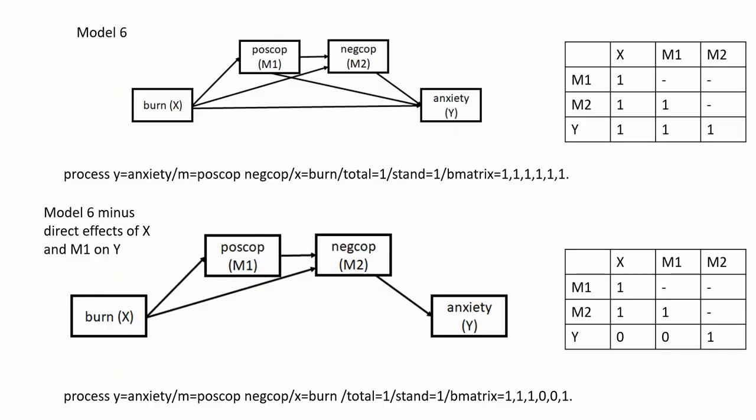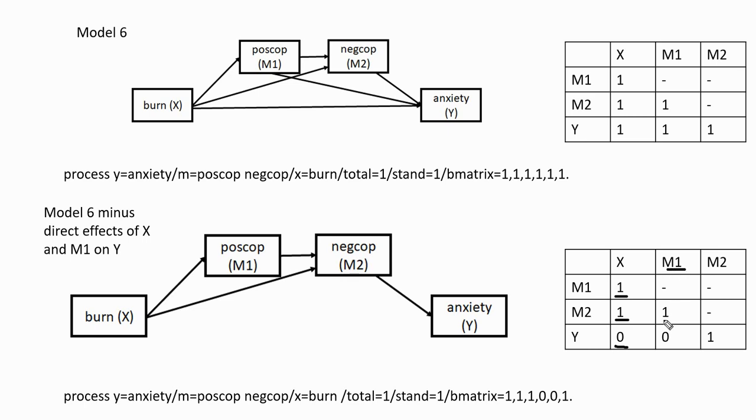And then for our last model, we'll look at a reduced version of model number 6, where in this case you'll notice that we do not have positive coping predicting anxiety, and we also don't have a direct effect of burnout on anxiety. So in this case, basically we have X predicting M1, X predicting M2, X is not predicting Y, so we fix that coefficient to 0.